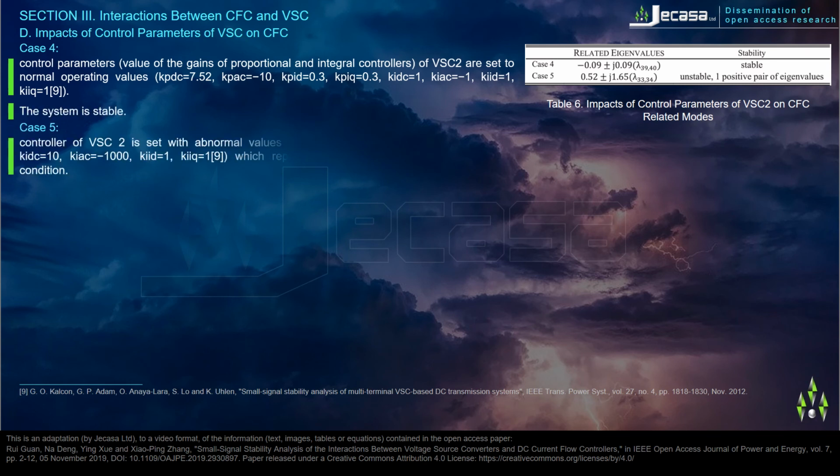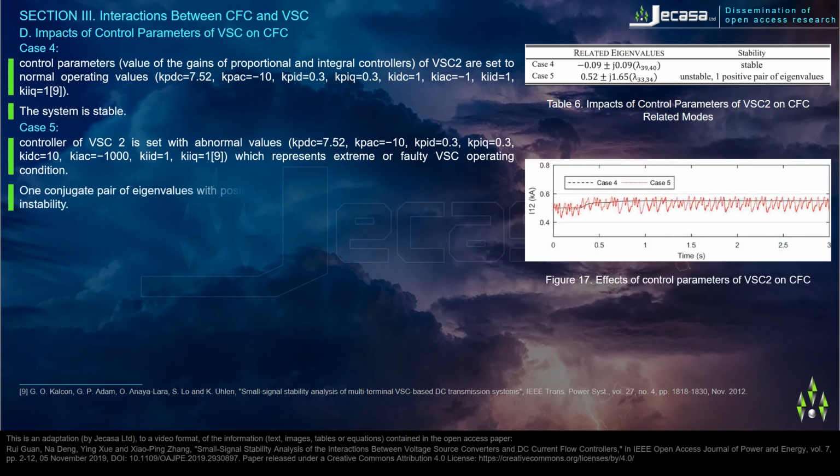Controller of VSC2 is set with abnormal values, KPDC equals 7.52, KPAC equals -10, KPID equals 0.3, KPIQ equals 0.3, KIDC equals 10, KIAC equals -1000, KIID equals 1, KIIQ equals 1, which represents extreme or faulty VSC operating condition. One conjugate pair of eigenvalues with positive real part can be seen, which indicates small signal instability.